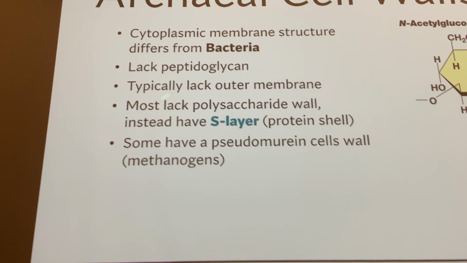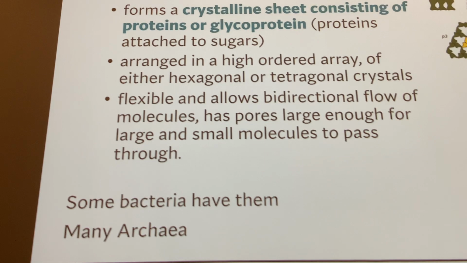What's more common is that archaeal cells tend to have a proteinaceous cell wall. So they make something called an S layer, which is a proteinaceous shell on the outside. This is S layer, or surface layer. These tend to be made up of self-assembling proteins.